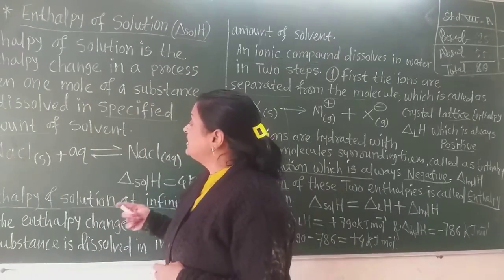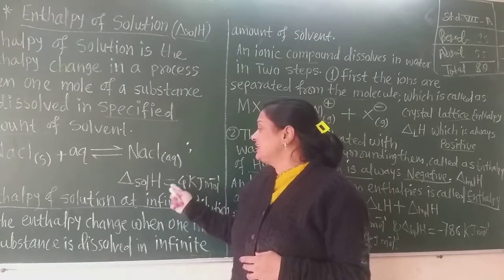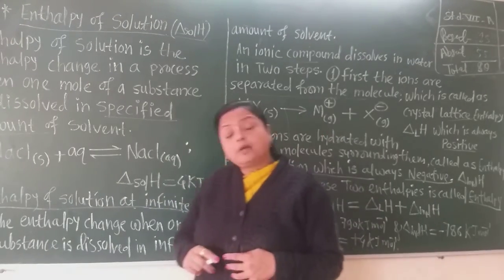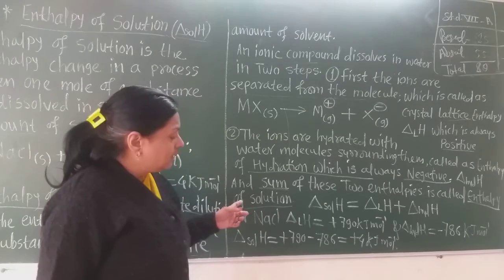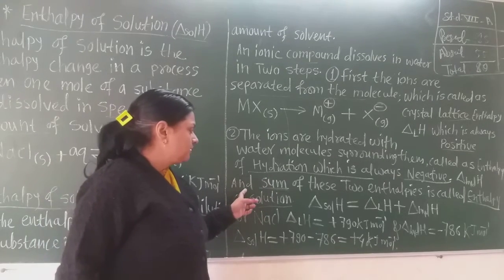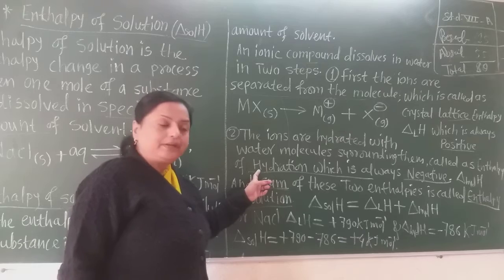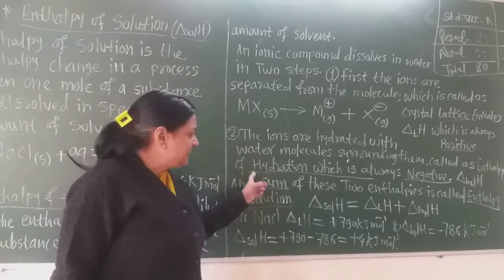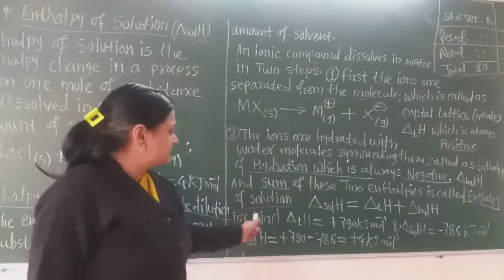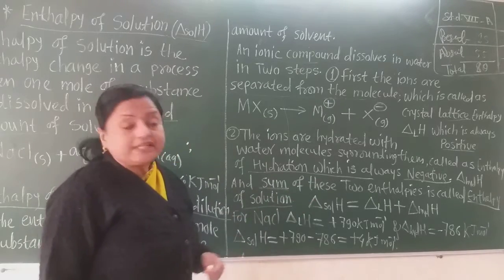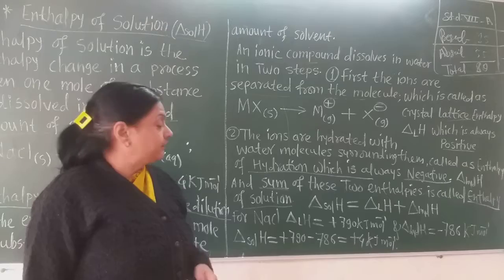Now here we learned that the enthalpy of solution of NaCl is plus 4 kJ per mole. But how is it obtained? Let us learn here. Delta hydration H is called the enthalpy of hydration, which is always negative, and the sum of these two enthalpies is called the enthalpy of solution. So what is the formula of the enthalpy of solution?